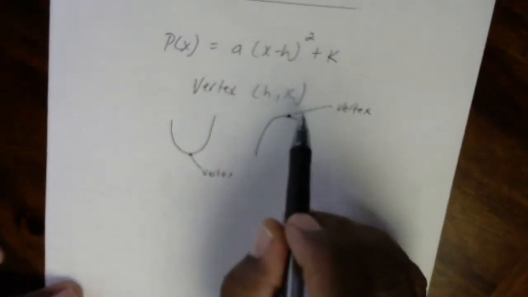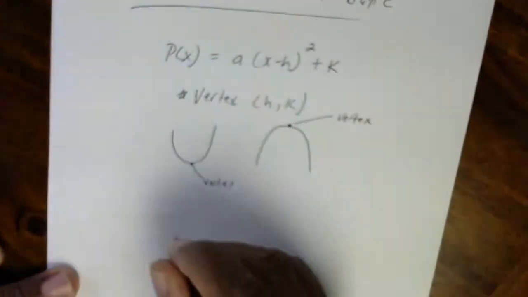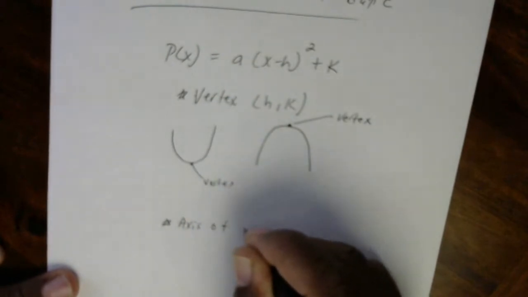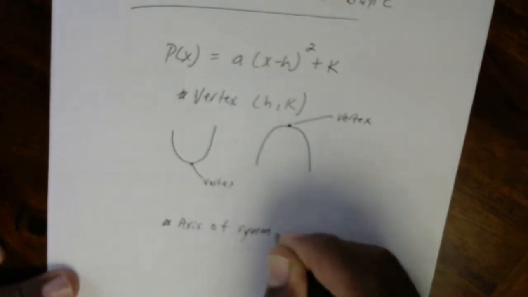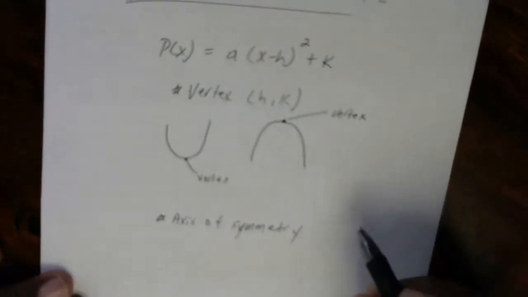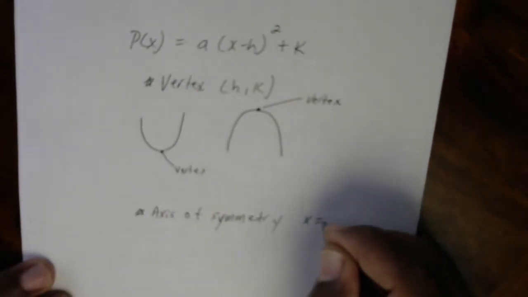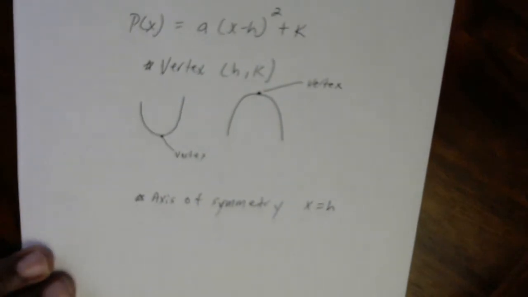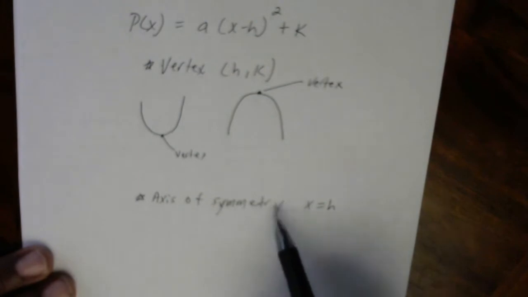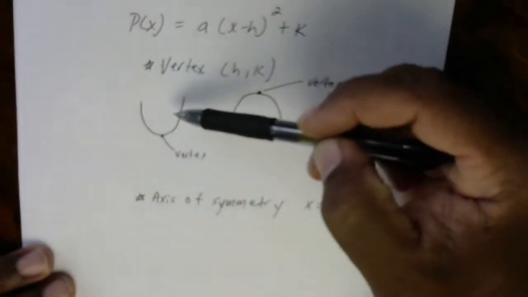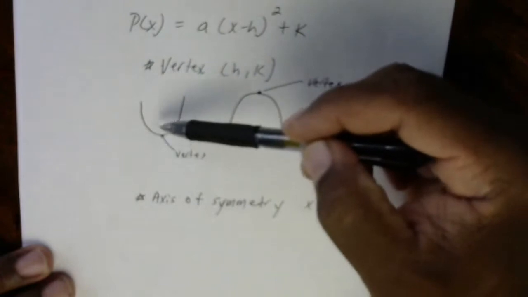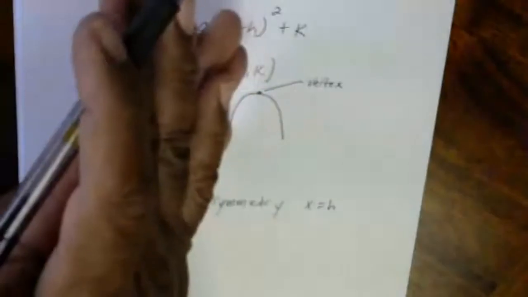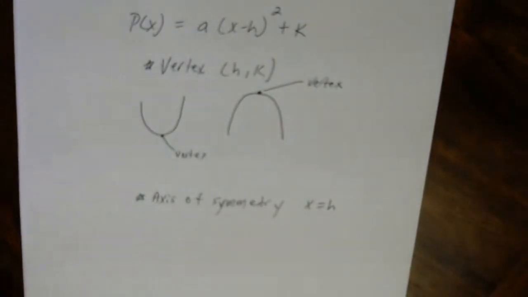Also from this form, I'm going to put a little star by this, we can pull out what's called the axis of symmetry. And the axis of symmetry would be in the form x equals h. All right, so what is an axis of symmetry? Well, if I take a look at this quadratic, for example, an axis of symmetry would be a vertical line that I can fold my quadratic over onto itself.